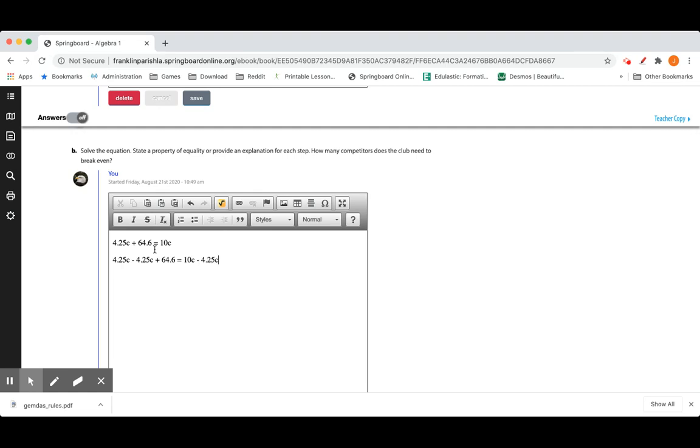I'm not doing the whole multiplying by 100 to get rid of decimals because I think we can all work with decimals, especially if you use a calculator, which your phone or your computer should be able to access, or you may have a physical calculator. And this was our subtraction property of equality.